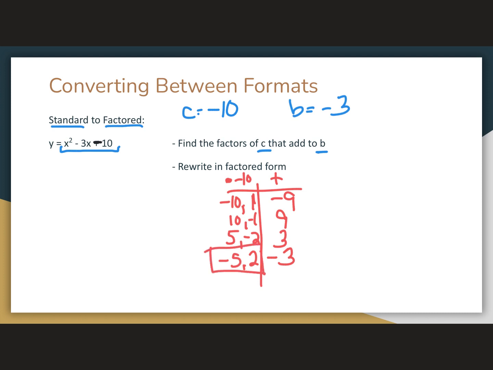What I do with that is I'm going to rewrite this as y equals x plus something times x plus something. That is our factored format. So the two numbers I'm going to use there are going to be -5 and 2. So it becomes x plus -5 and x plus 2. Okay?